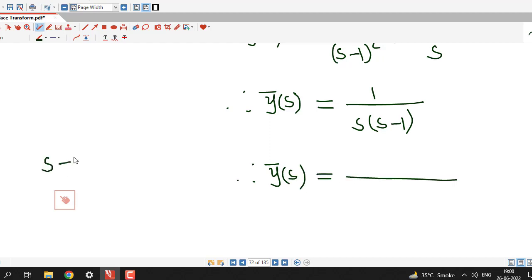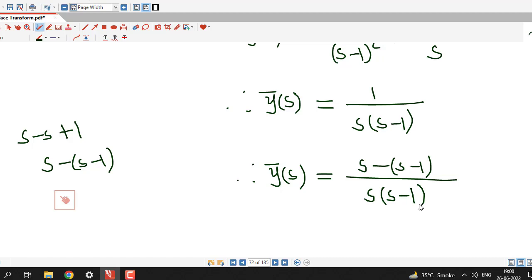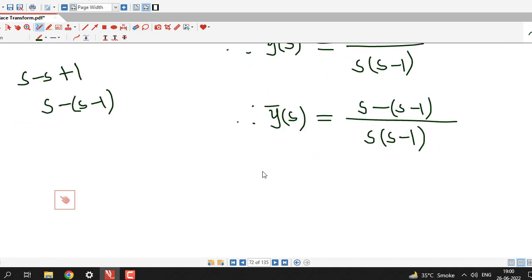And if we observe, if we take the difference of these two, we have s minus s plus 1, and this s will cancel out, so we can write this 1 as the difference of s and s minus 1. This we are doing for obtaining the inverse Laplace transform of y bar s.